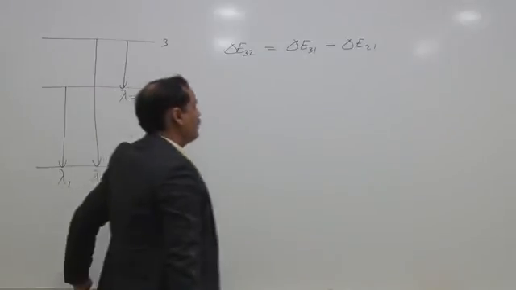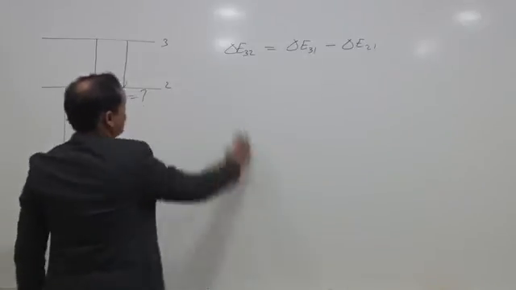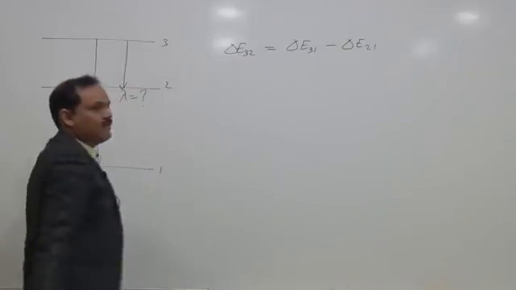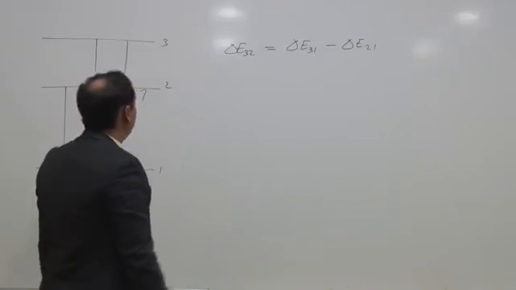Now from Bohr's second postulate, the energy gap delta E is equal to h nu, or equal to hc by lambda.